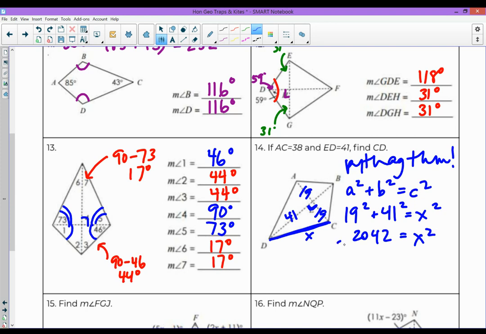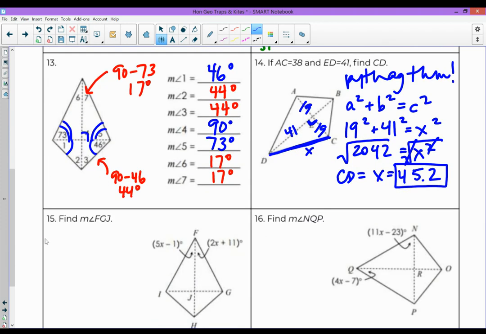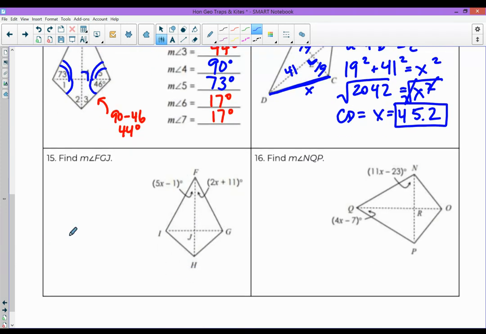And then to solve for x, I take the square root. Those eliminate. And I can round to the nearest tenth, 45.2 is the length of CD. Cool, huh? All right, 2 more. Hang in there.